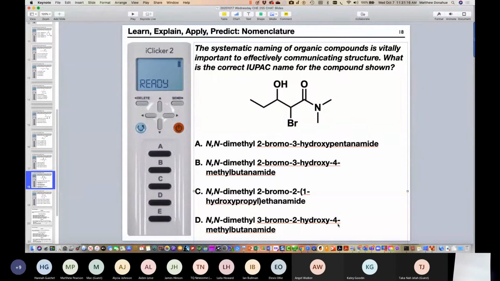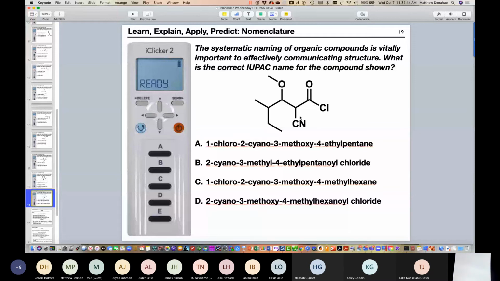You also have this 4-methylbutanamide, which is incorrect. So hopefully you get an appreciation of the rules that you're generating a name that has the simplest carbon chain with substituents.